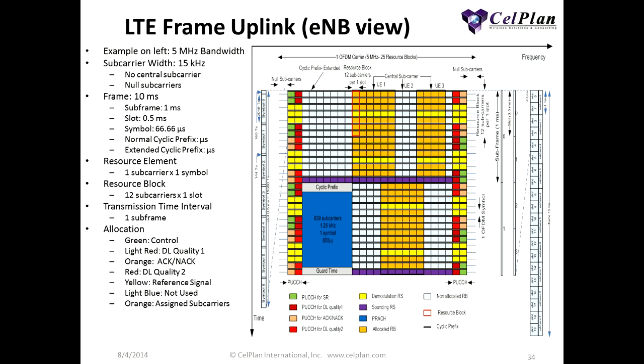Here it's a zoom. And basically what we show here is that we have the same guard band. The only thing that is very important to understand is that this frame is assembled at the eNB. So the UEs have to arrive at the eNB at the right moment.